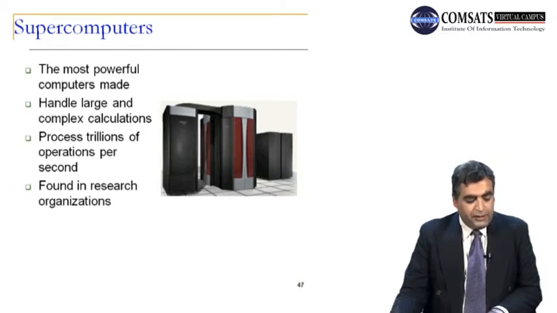Physically, they are the largest. They can process huge amounts of data, and the fastest supercomputers can perform more than 1 trillion calculations per second. Some supercomputers can house thousands of processors. Supercomputers are ideal for handling large and highly complex problems that require extreme calculating power.